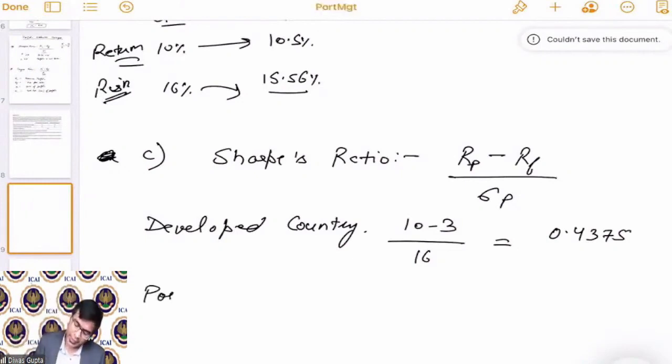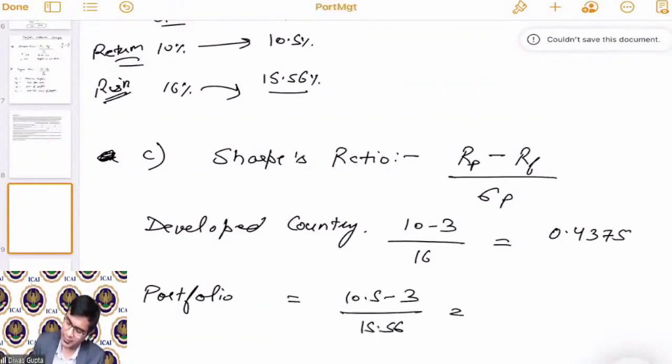And on the other hand, the newly formed portfolio is coming as 10.5 minus 3 divided by what is the risk? 15.56. So this comes out to be 0.4820. That means the Sharpe ratio after this 10% investment in stock A is higher.